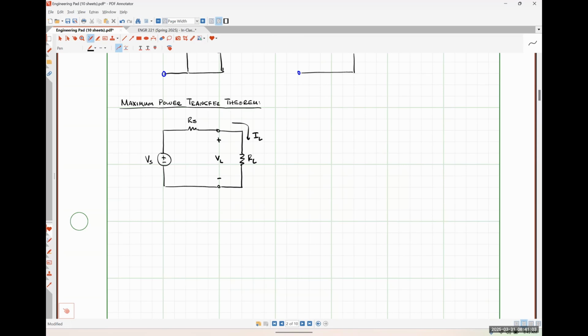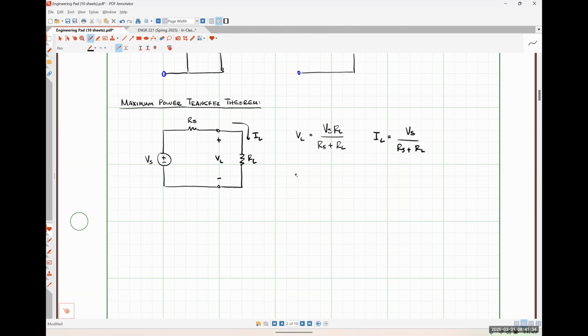Now, earlier in this lecture, when we looked at literally this exact circuit, I found the voltage across the load resistor using voltage division. Just to remind you, that came out to be Vs times RL over Rs plus RL. And our current, IL, was simply Vs divided by Rs plus RL.